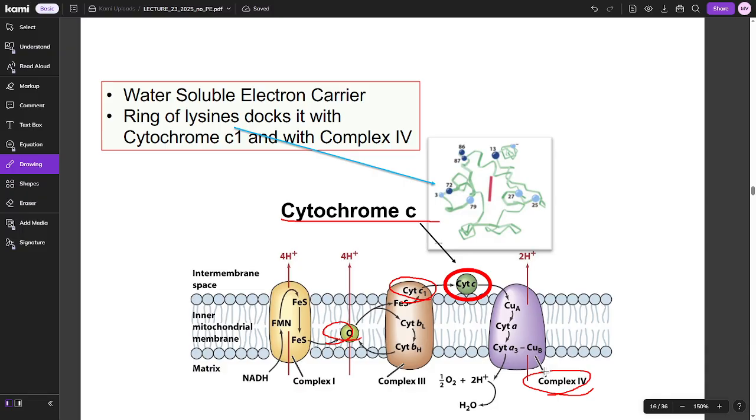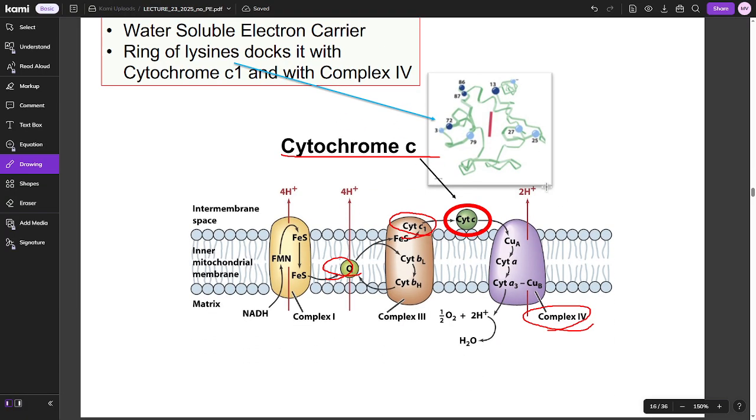This ring of lysines basically allows for some kind of charge stability interaction with complex 3, is how you can probably think about it. Okay, moving on.